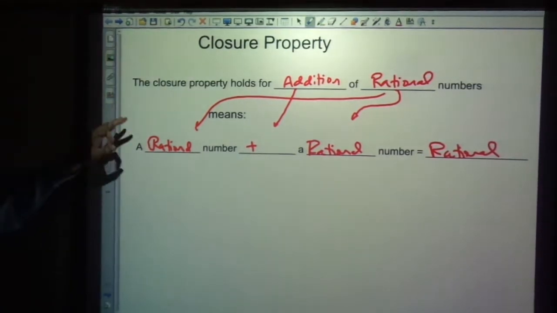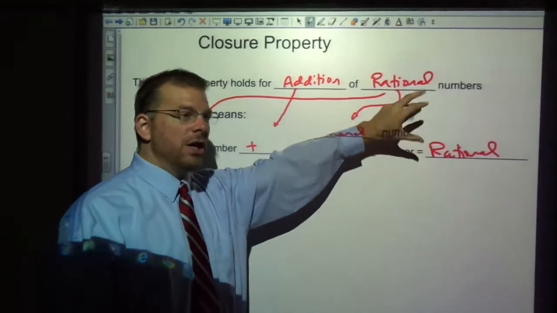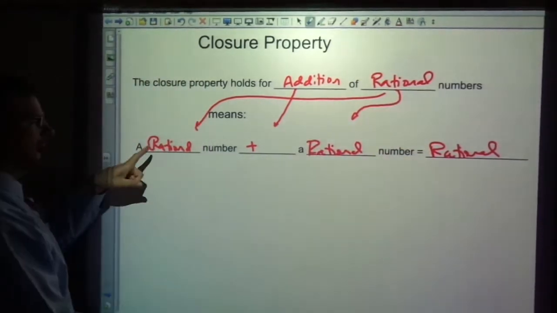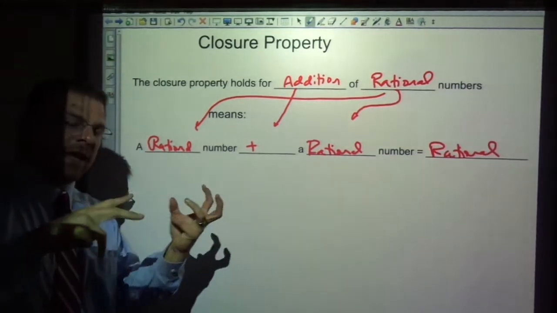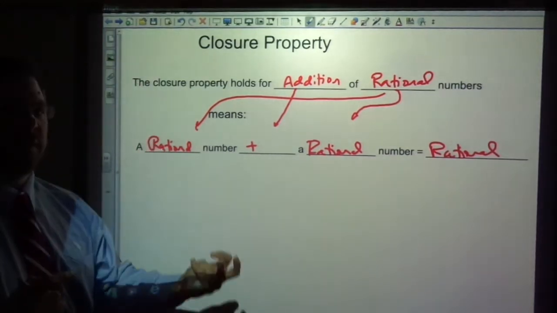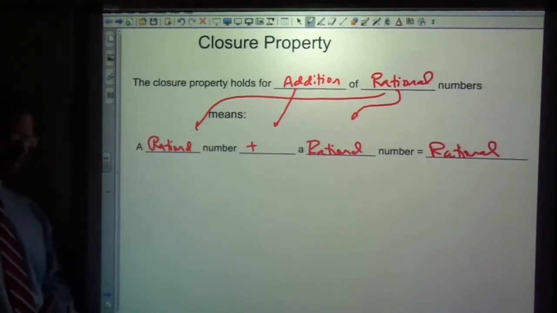So when we say the closure property holds for addition of rational numbers, what we mean is if we have a rational number plus a rational number equals a rational number, that the answer we get is something that's still in our group of numbers or still in our set.